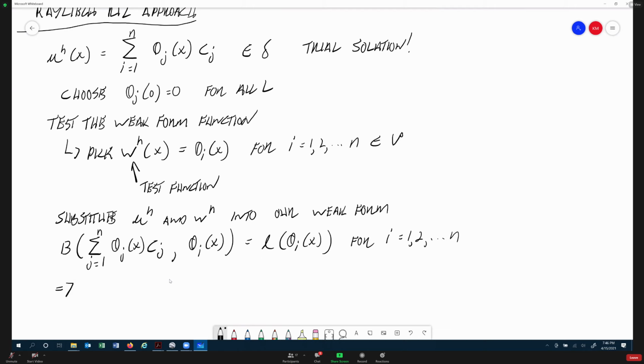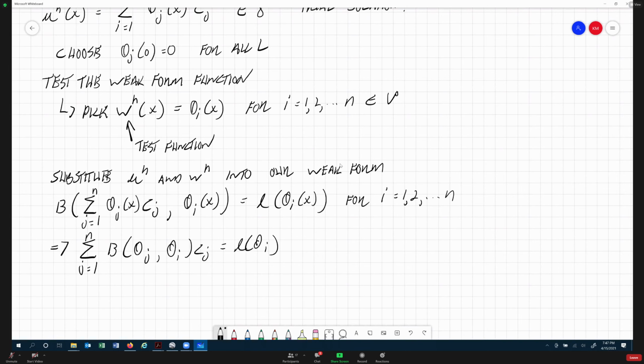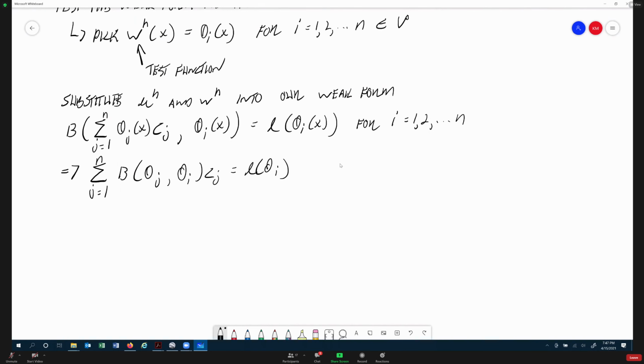So this whole thing implies the sum from j equals 1 to n of B(phi_j, phi_i) c_j is equal to L(phi_i).